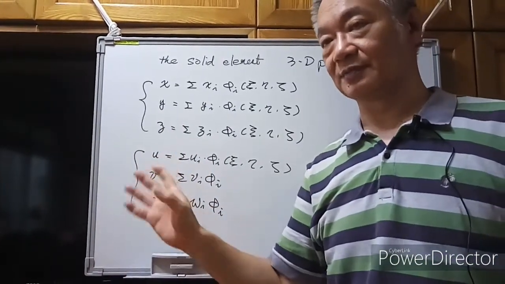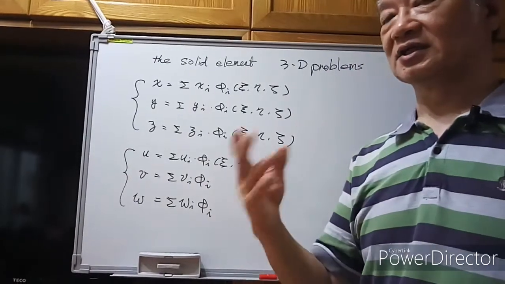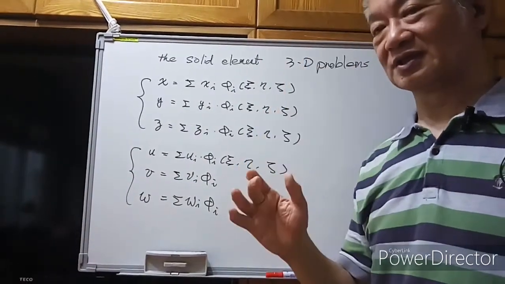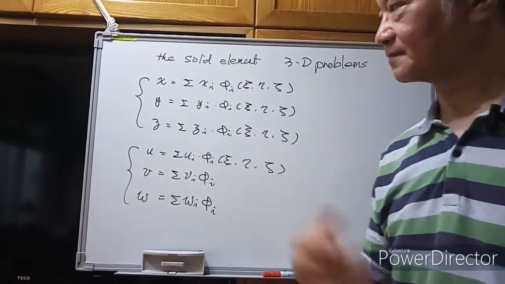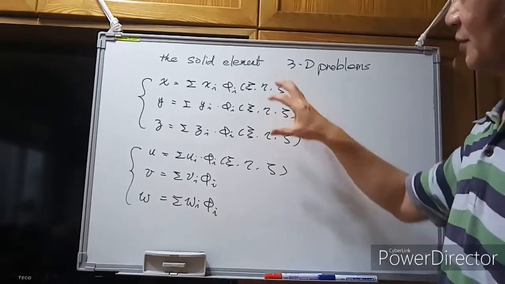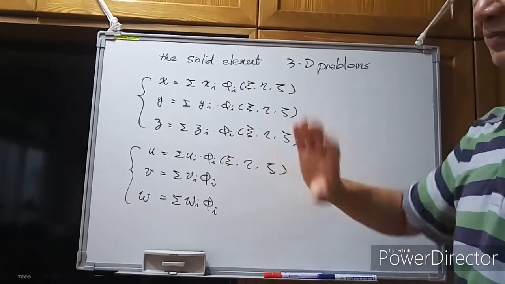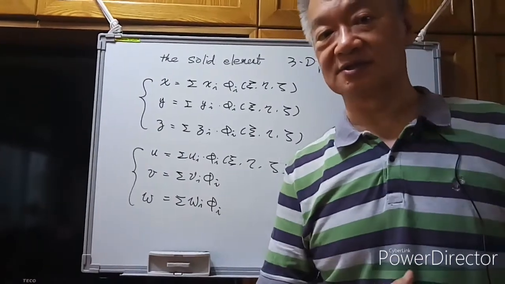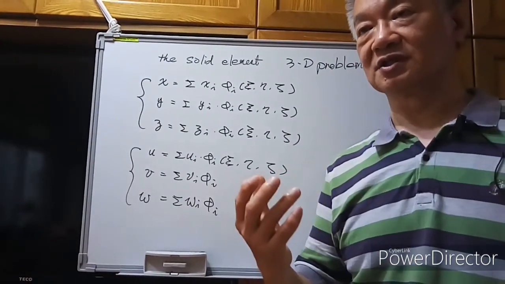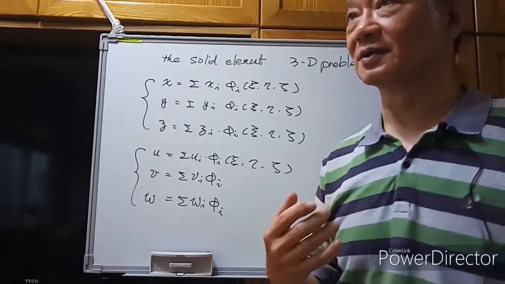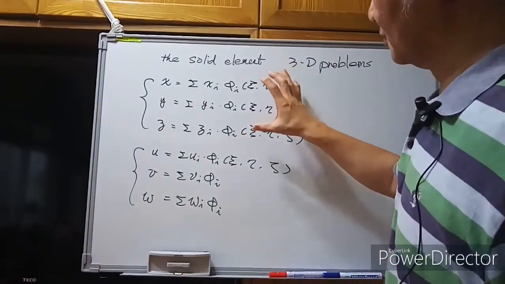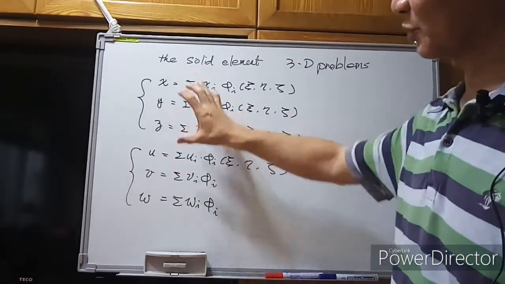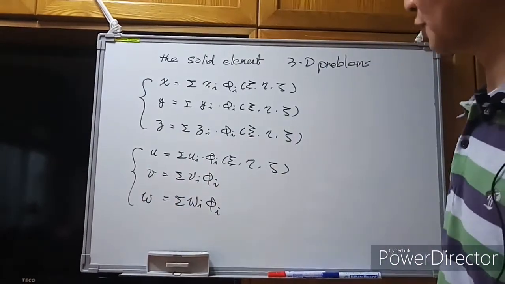That's the superparametric. And the other one should be named as the subparametric. Okay, but right now, almost all the analysis is made by using the isoparametric element. Okay, so that's the xyz functions and the u, v, and w functions.